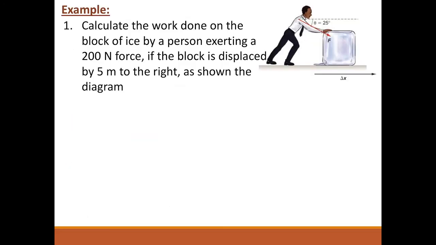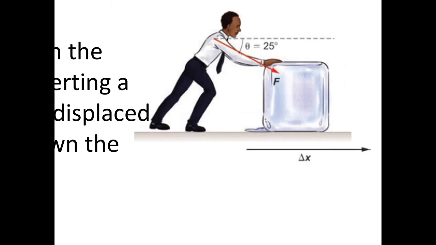Let's look at this example. We want to calculate the work done on a block of ice by a person exerting a 200 Newton force if the block is displaced by 5 meters to the right as shown. What's important here is that they've given you theta. It doesn't matter that the force is being pushed down. Whether it's being pulled or pushed, it doesn't matter. The point is the angle.